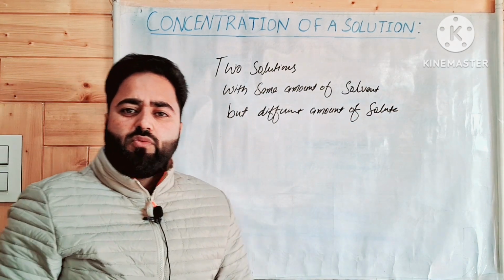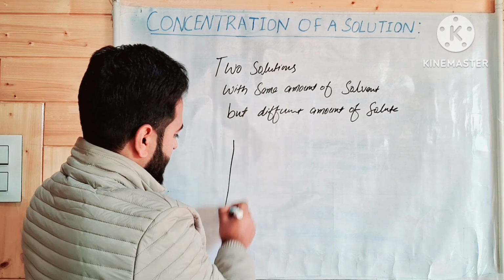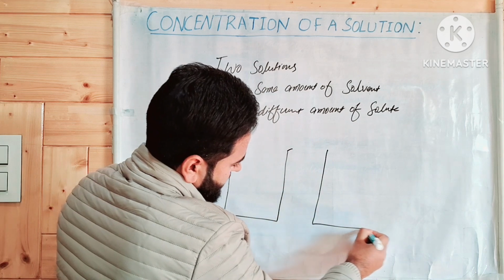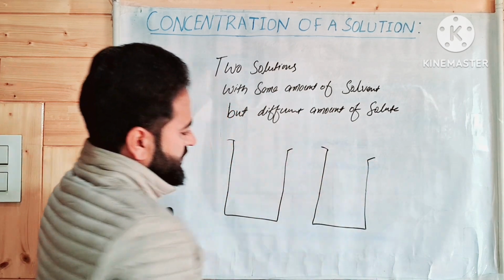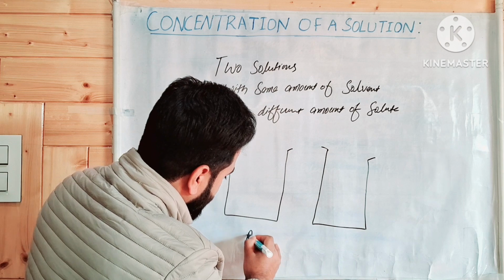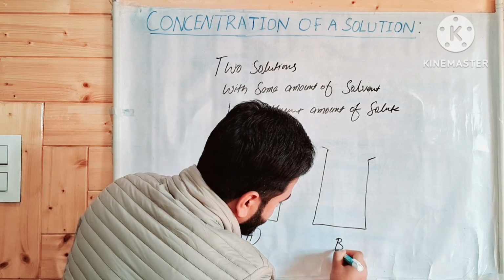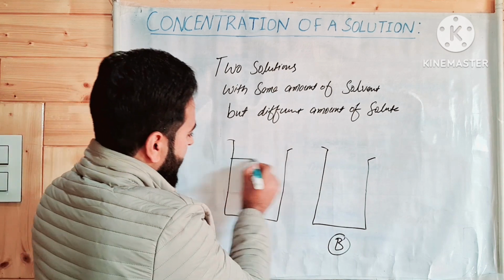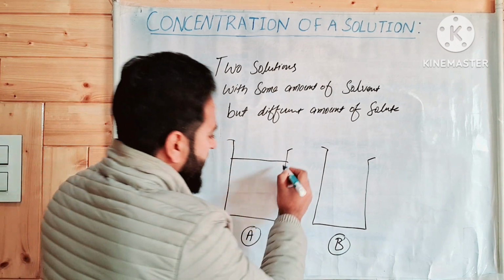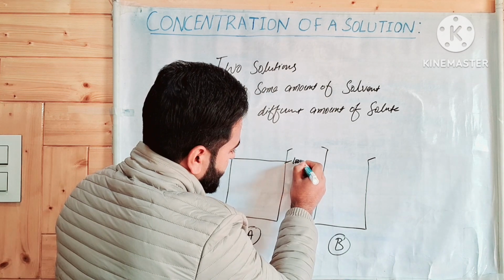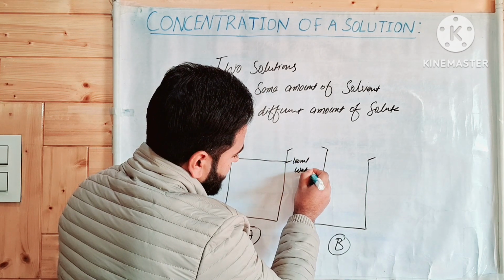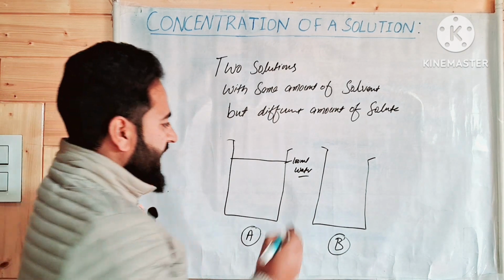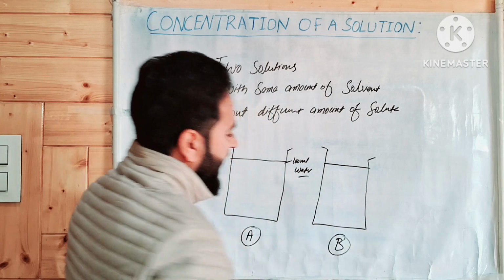Let us suppose we have 2 beakers. Let's name these beakers A and B. In beaker A, let's suppose we have 100 ml water. In beaker B, we have the same amount, again 100 ml water.